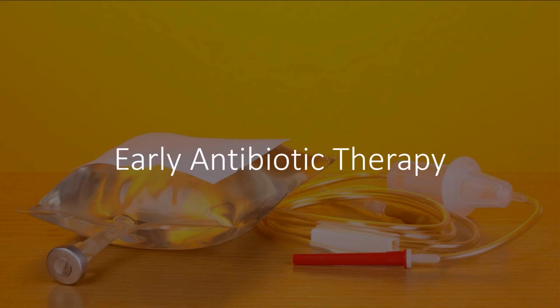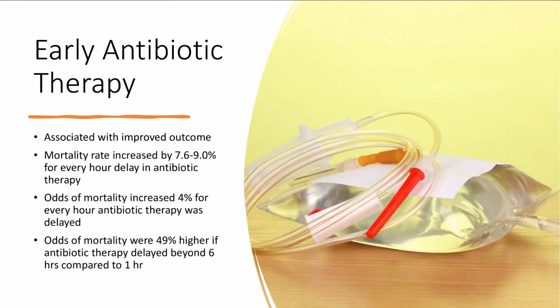What about early antibiotic therapy? Early antibiotic therapy is associated with improved outcome. The mortality rate can increase by 7.5% to 9% for every hour delay in antibiotic therapy. Think about that for a minute.